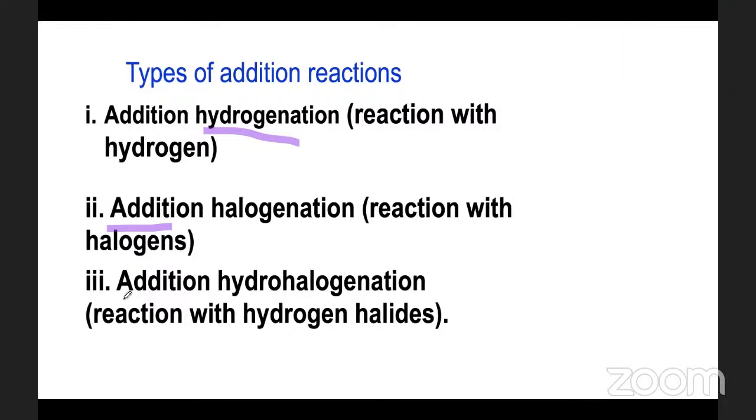Let me repeat, because you are going to get confused and you find some confused books. For purposes of examinations, addition involving hydrogen, unaita hydrogenation. But addition that has halogens and hydrogen halide is simply called addition. And that is the only thing.